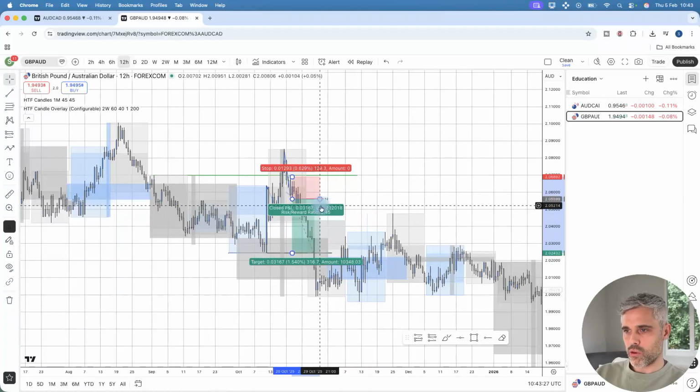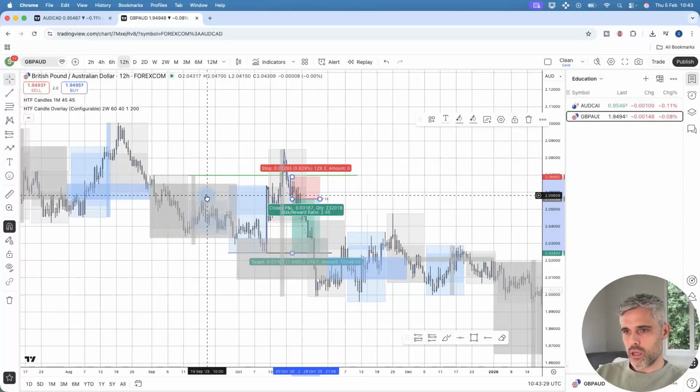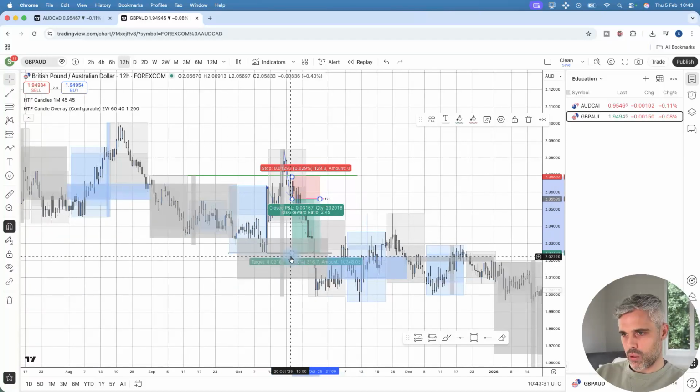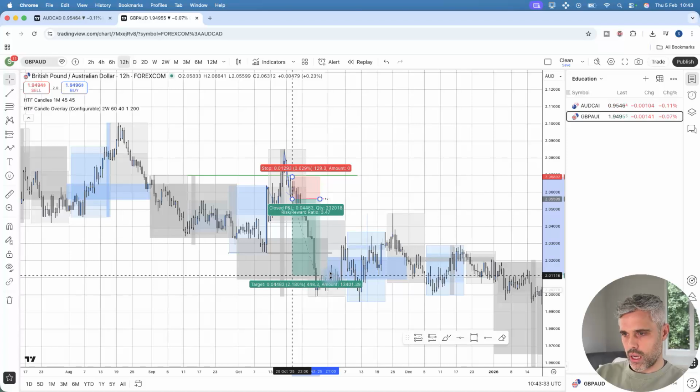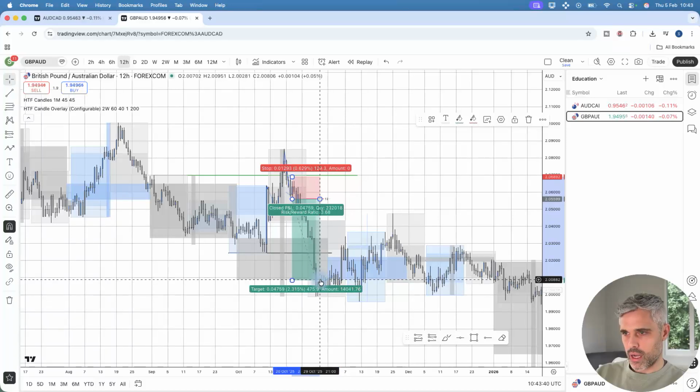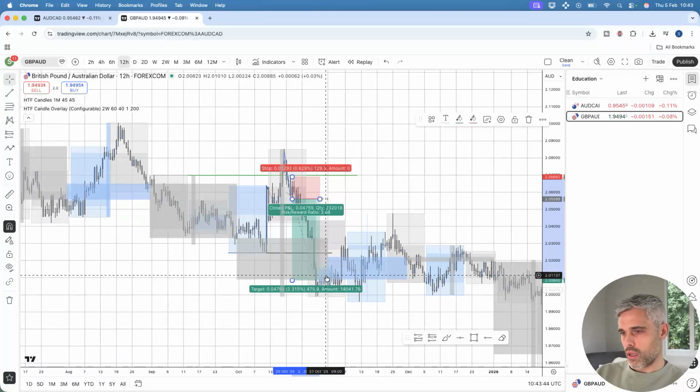We've got a 2.45R trade, but we know the monthly is targeting lower. So we can just hold this, and then eventually what we see is that we get the formation of a bearish fair value gap. So that might be a logical place to take profit.